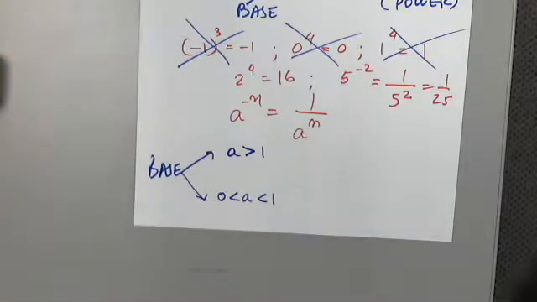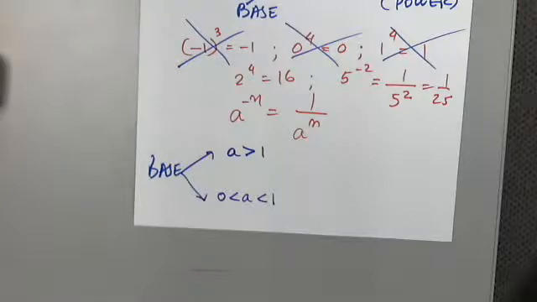Not 0, not negative, and not 1. So between 0 and 1, tiny, like 1/2, 1/4, 1/3. Or a number greater than 1, not 1. Anything greater than 1.